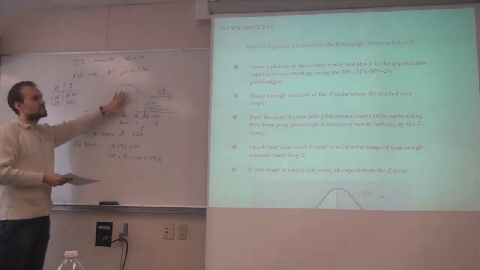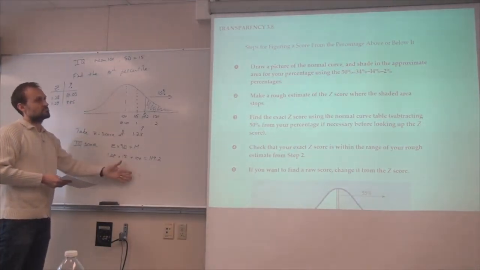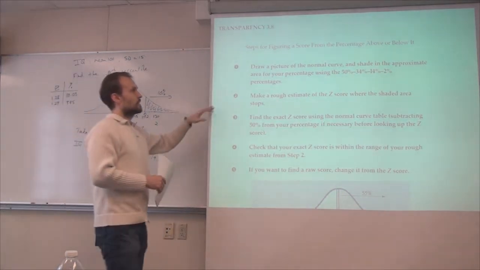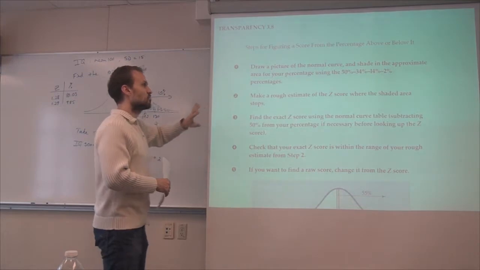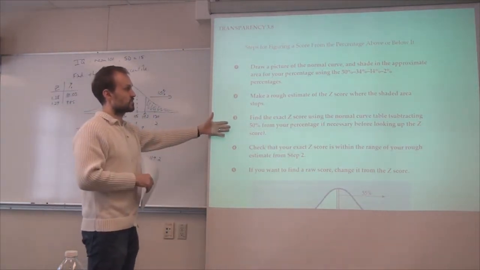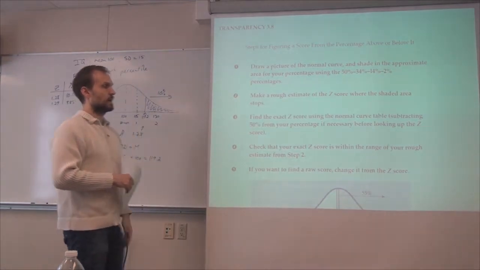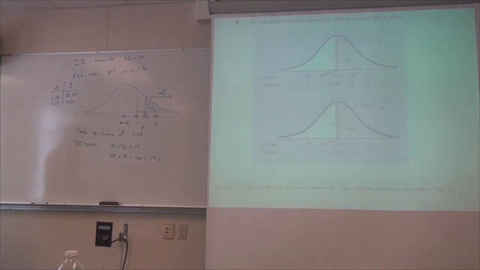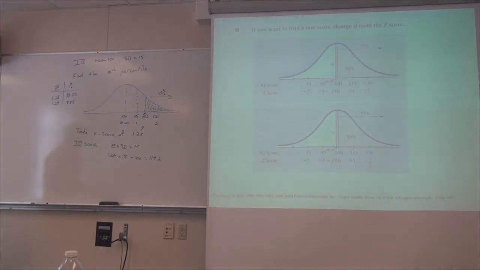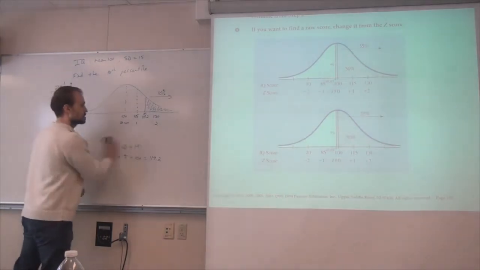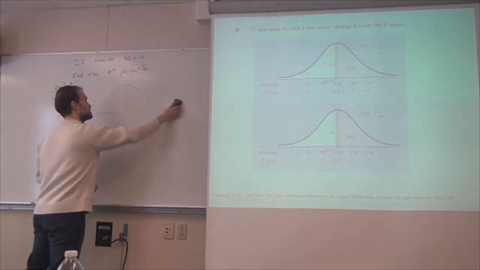You're just playing it safe because you want to get to the answer. Then just have a rough idea of what z-score am I looking at. Then find it using the table in reverse and get back to the actual score. So the example here is worth doing, I think. And then we're done with this chapter.